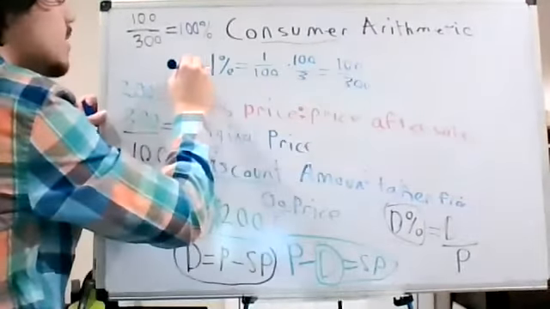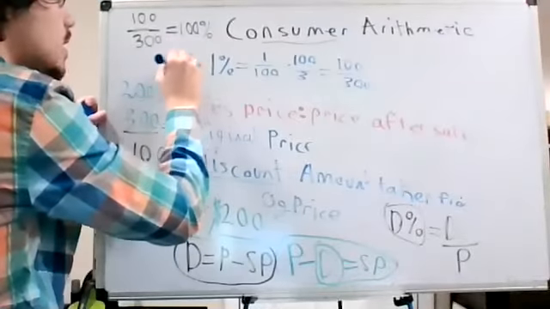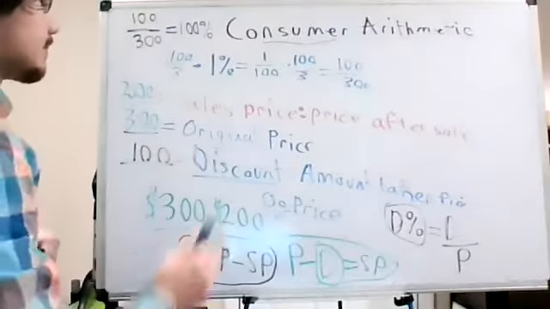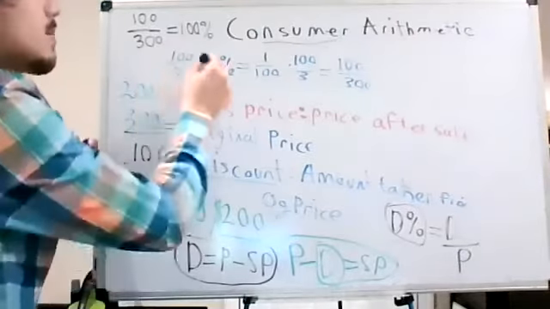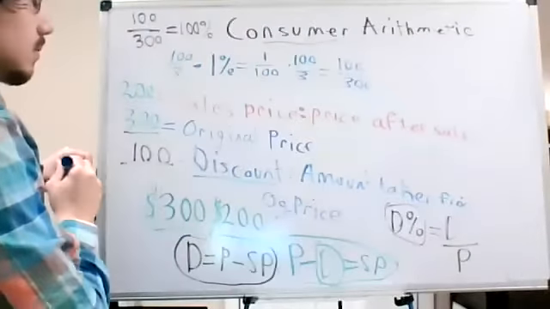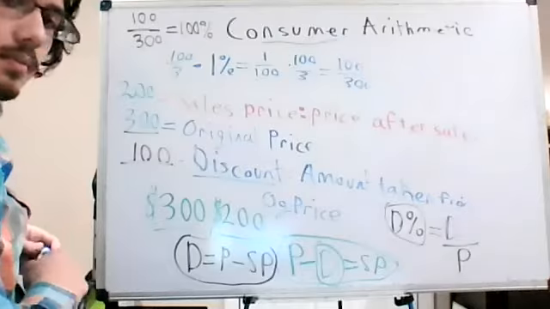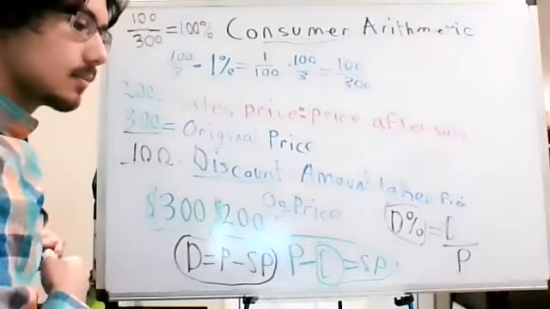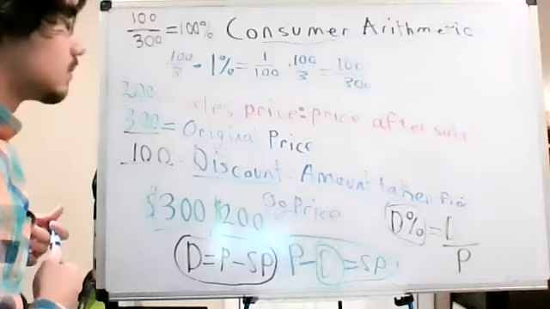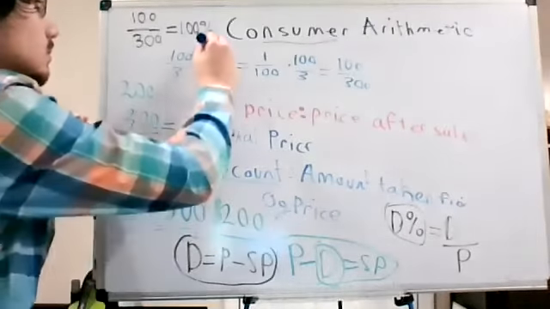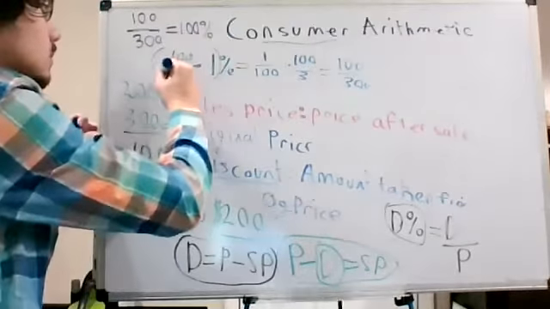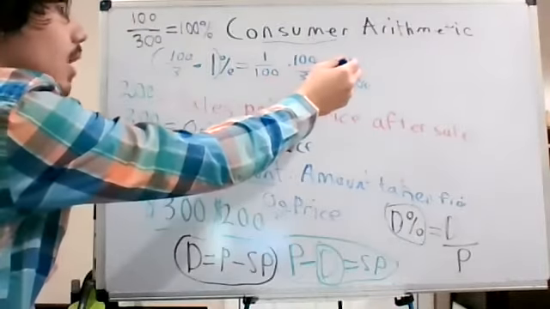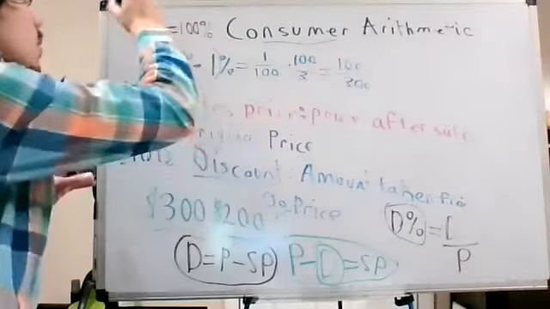So that means we have to do the same to this side. So 100 over 3 times 1%. So what is 100 over 3 times 1? Sir, can you repeat that? So we multiplied 100 over 3 to get 100 over 300, which is what we're looking for.